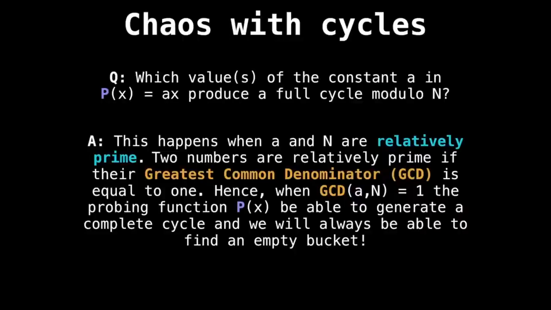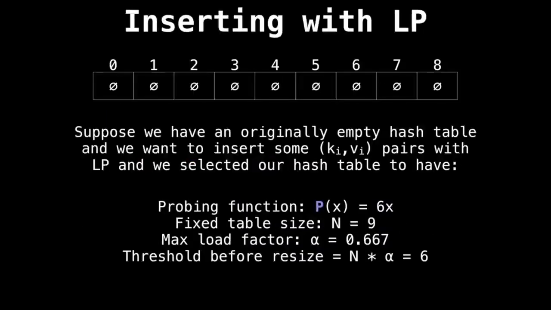So that is, a and n have a GCD of 1. And when that happens, the probing function will always be able to generate a complete cycle, and we will always be able to find an empty bucket. Awesome.